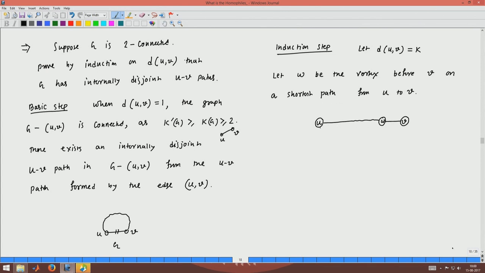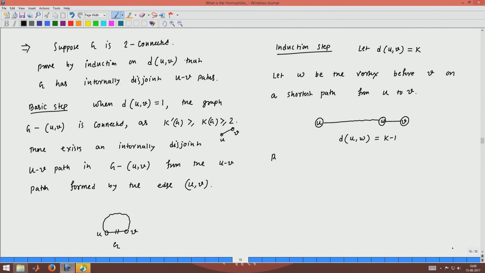So that means the distance between u and w is equal to k minus 1.